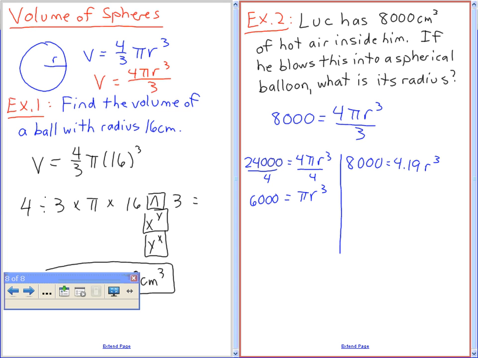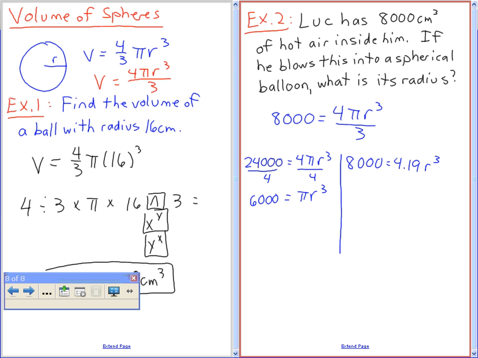Okay, so what I did here, this is like 4 pi r cubed divided by 3. So I multiplied this one by 3. When I multiplied this by 3, the 3 was gone, then the 4 was still left in the numerator. Now the question is, why are we dividing everything?